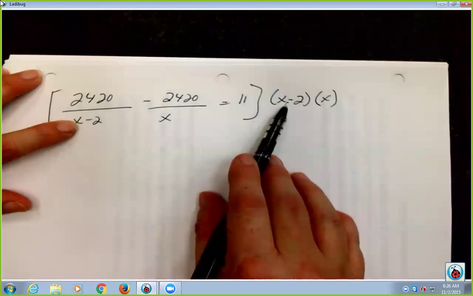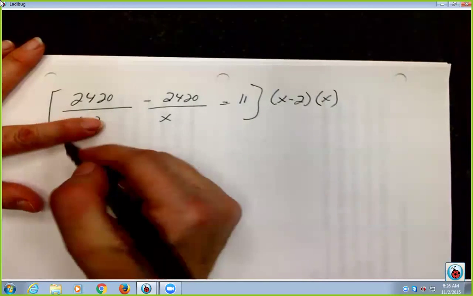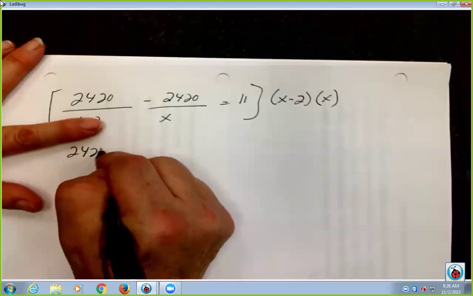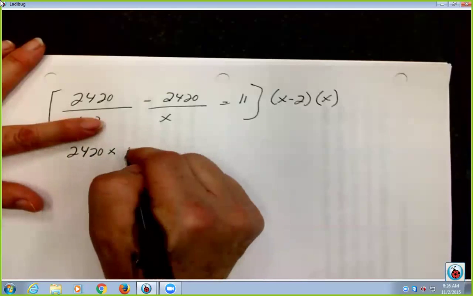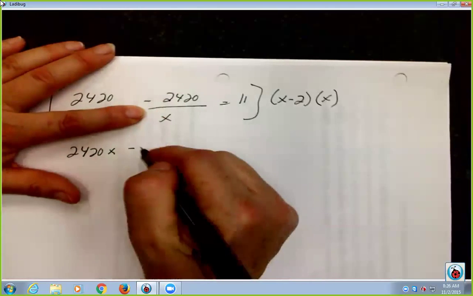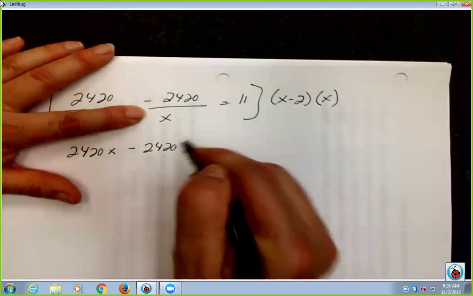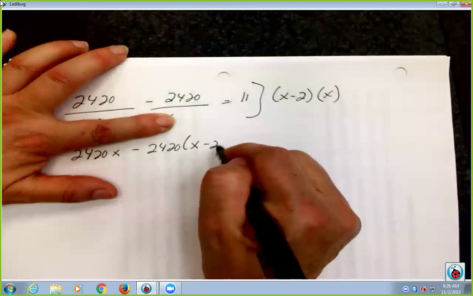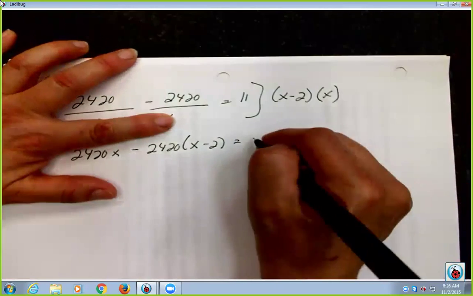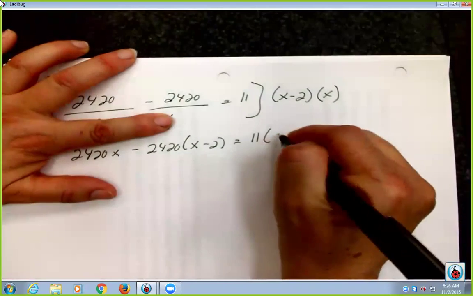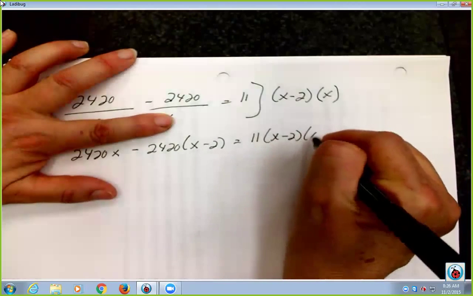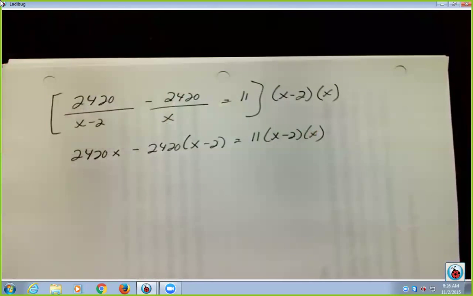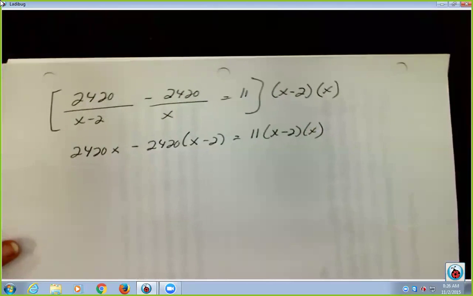So X minus 2 is used, so I need to multiply 2,420 by X. Then the minus 2,420, the X's cancel, and I multiply it by X minus 2. And finally, 11 gets multiplied by the whole thing. So it gets multiplied by everything that's in there.